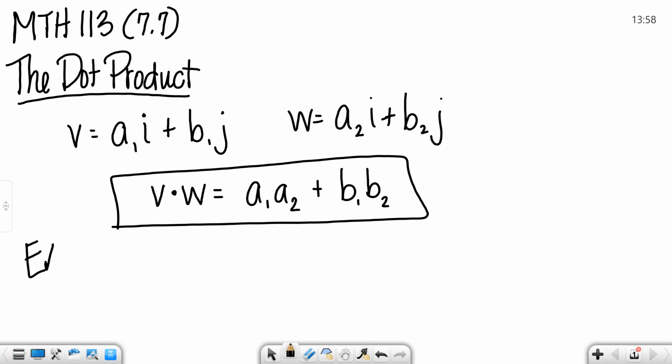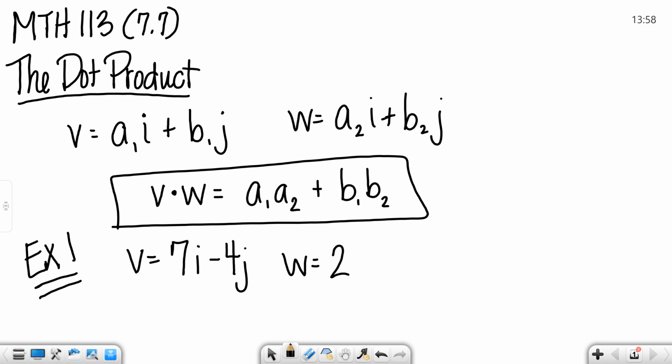So if I have two vectors, let's say vector V is 7i minus 4j, and vector W is 2i minus j, I want us to find three things.